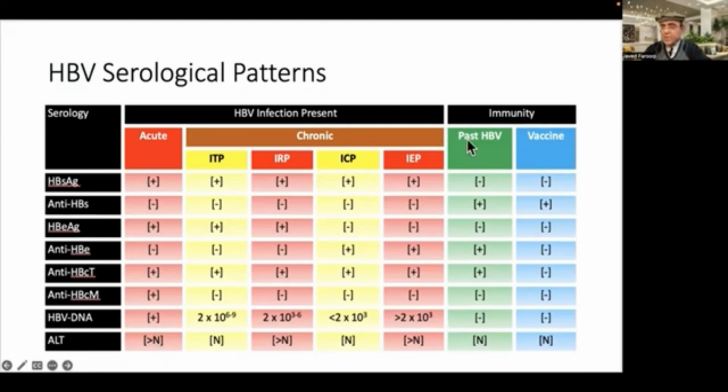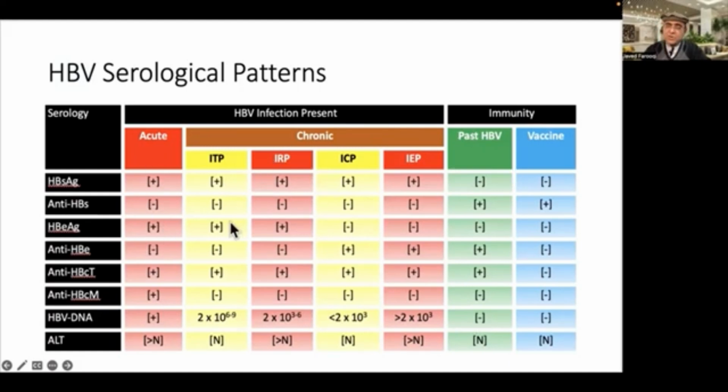But once this recovers, in past HBV, the HBs antigen is negative, the anti-HBs is positive, the E antigen is negative, E antibody is positive, and of course the total core antibodies is positive, IgM is negative, PCR is negative, and ALT is normal. And this is when it is vaccine.